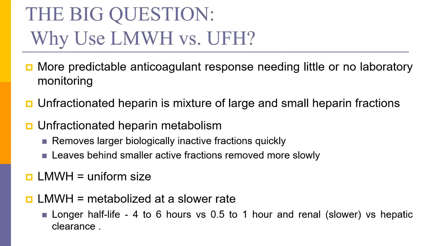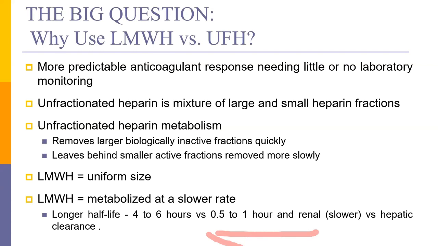You don't need to monitor so much while using low molecular weight heparins. We have seen the way of excretion, renal versus hepatic. We have seen so many: outpatient versus inpatient, and subcutaneous versus the IV, which needs close monitoring.